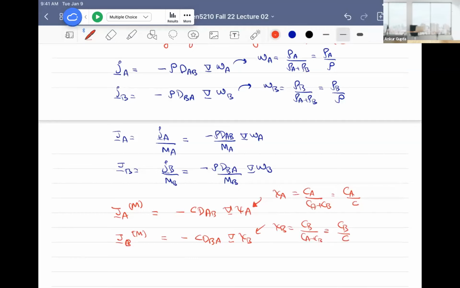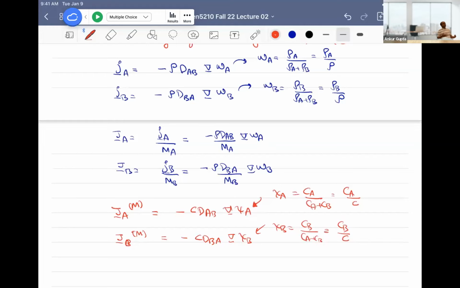Okay. The confusion happens because we also change from mass diffusive fluxes to molar diffusive fluxes. But the basis is always the mass average velocity. Okay. For the top four formulas of small j, small jB, capital J, capital JB, the basis is always mass average velocity, right? So you have to use the gradient in mass fractions. But as soon as I change my basis, my gradient becomes the molar fraction.